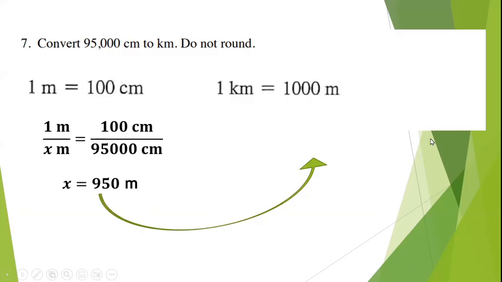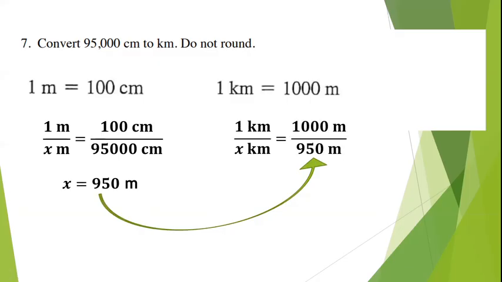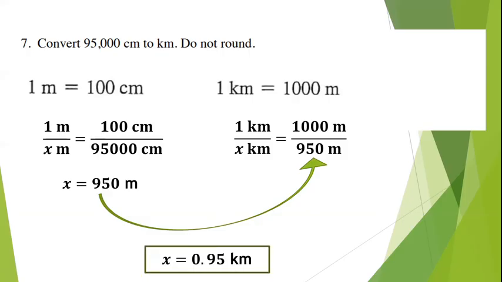So using the 950 meters that we just solved for, here's our final proportion. Solving for how many kilometers are in 950 meters. So our final answer is 0.95 kilometers. And again, we're not rounding, so 0.95 kilometers is perfect.